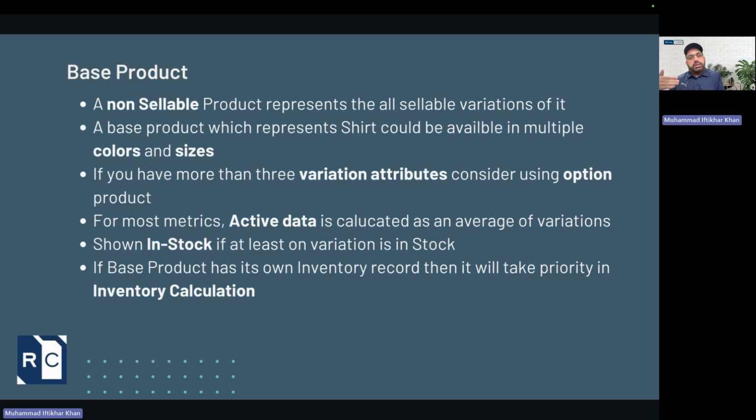Either you define inventory records at the individual SKU level, or you define the base level product inventory as the collective of all the variations. It's up to the merchant how they manage, but if they manage inventory at the base level, then that will take priority.